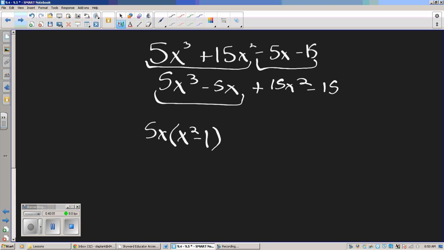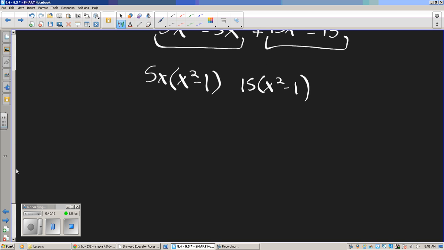Then pull out the 15, so I'm left with x squared minus 1. Then you would group them together as 5x plus 15, and then you would have x squared minus 1.